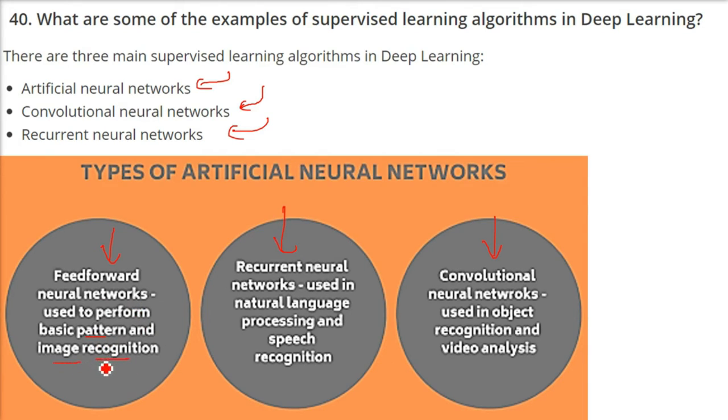The recurrent one is used in NLP, or natural language processing, and speech recognition, so how it can know the voice and text. Convolutional is used in object recognition and video analysis. So image, vision and video, IVV, this is why this is used.